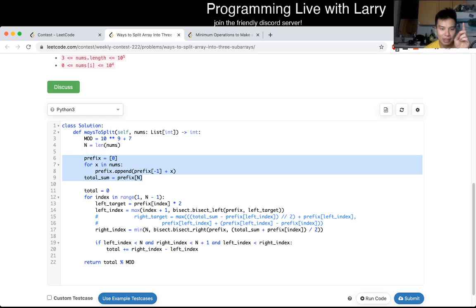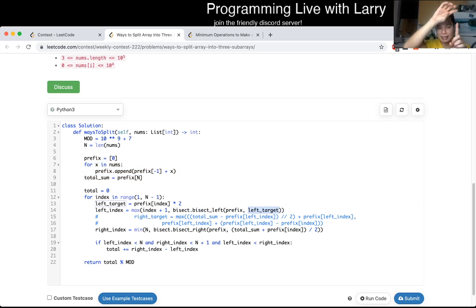The left target is just the prefix times 2, meaning that the middle chunk is as close to the first chunk as possible. And then the right index is as big as possible, meaning that it divides the middle perfectly as much as possible, given minus the prefix. But yeah, that's the idea. This is the code. Hopefully that makes sense.